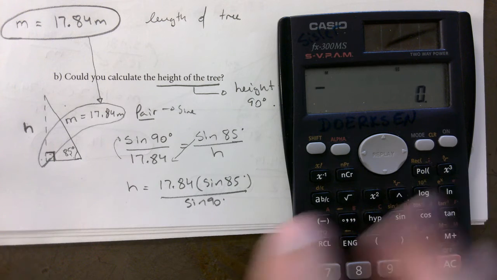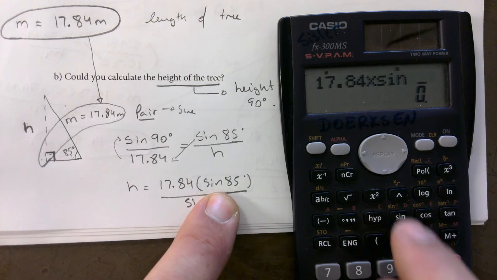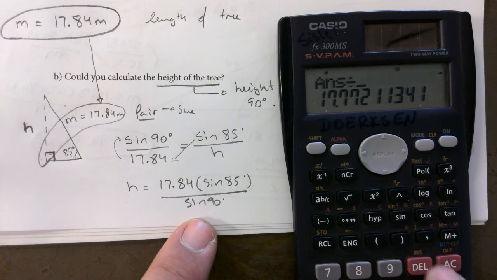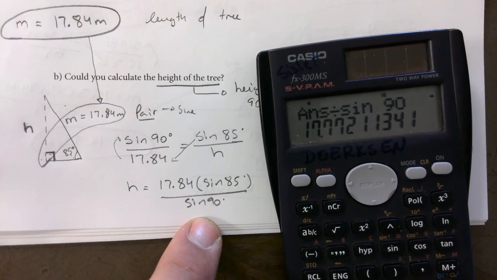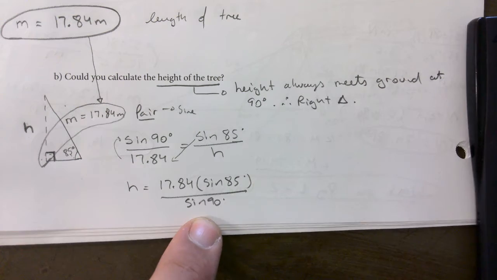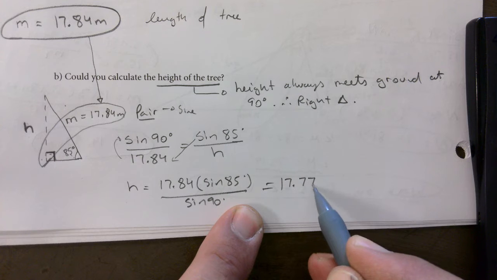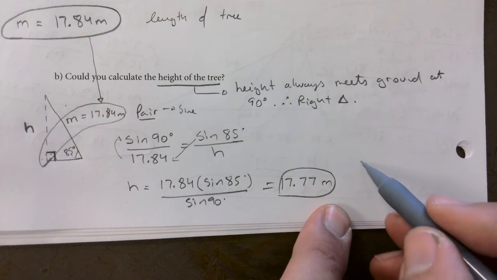I just don't want you to be surprised when you calculate 17.84 times sine of 85, you hit equals, and then you divide by sine of 90, nothing will happen because you're dividing by 1. So it's 17.77 is your height. And we are in meters. This is the height.